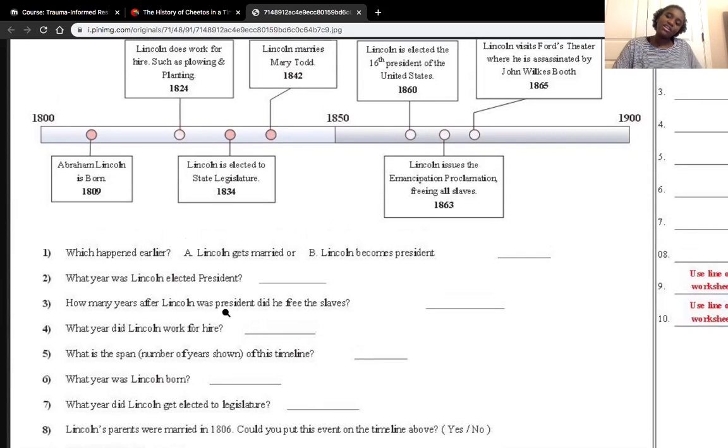All right, number 8 is kind of difficult. So I want you to try to figure it out on your own. Lincoln's parents were married in 1806, so a couple of years before he was born. Could you put this event on the timeline? Yes or no? I want y'all to try to figure this one out on your own first.